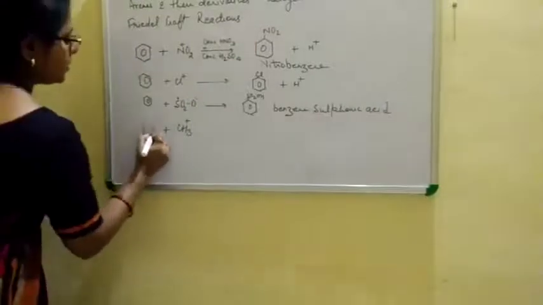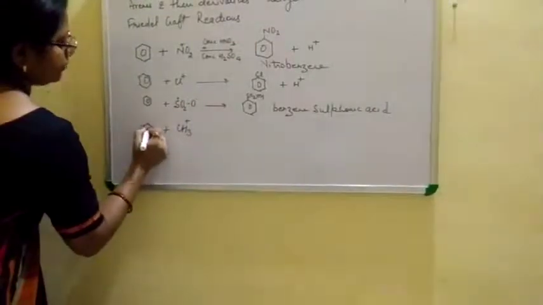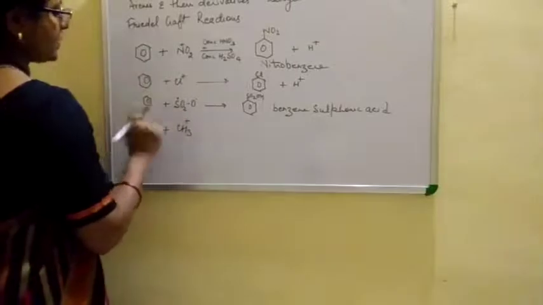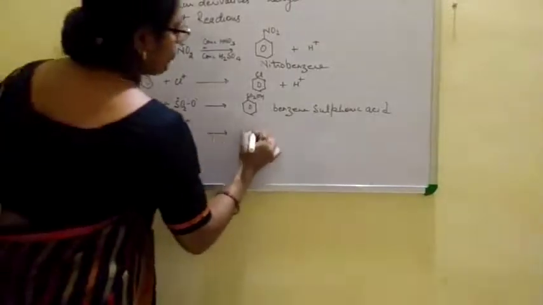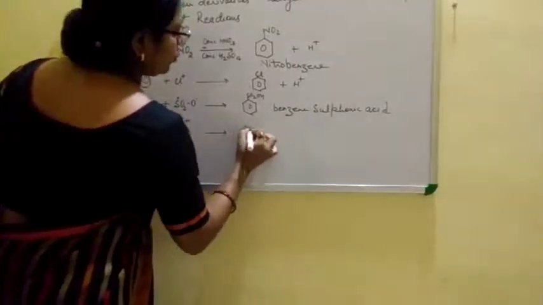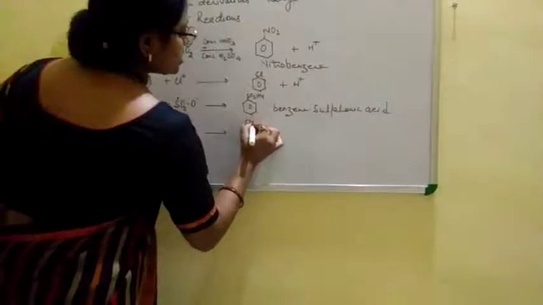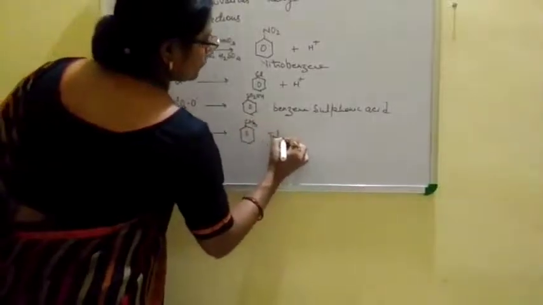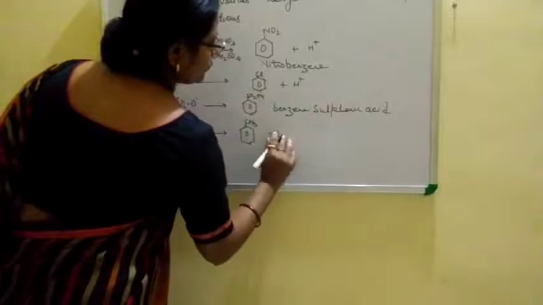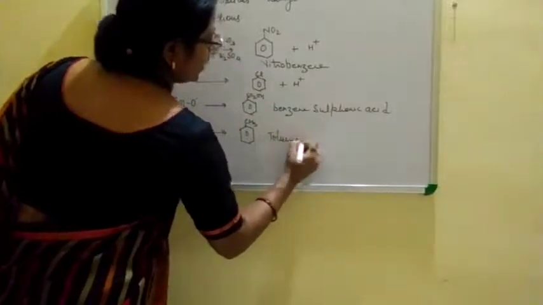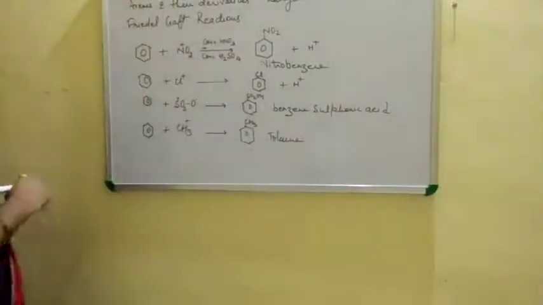And when an alkyl group, the methyl group, attacks the benzene ring, it will form toluene, CH3. All these reactions take place on arenes and their derivatives.